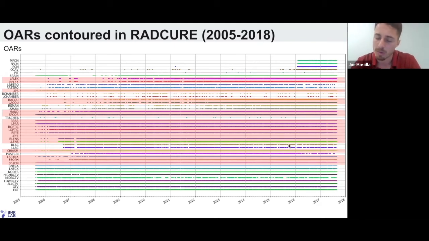Technical problems with this would be, for example, class imbalance. If you have fewer labels for, let's say, the muscles in the neck region than for the brain, that is one class imbalance problem that you have to deal with.